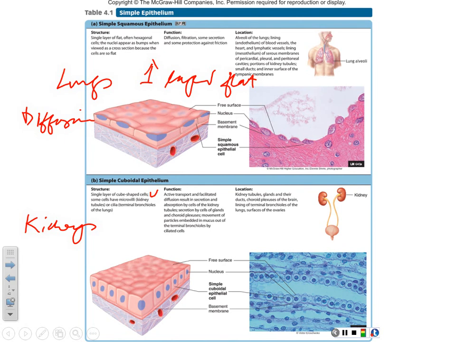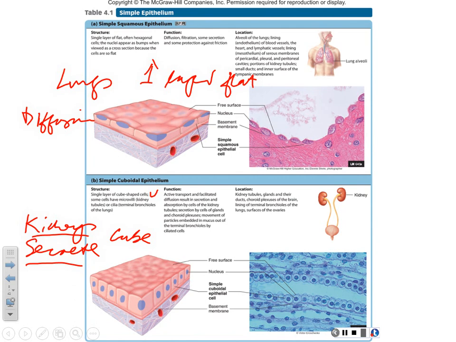And cells where diffusion is important tend to be flat, less volume, so that it's fast. So these ones secrete, kidneys, cube-shaped. All right, and all these make sense.